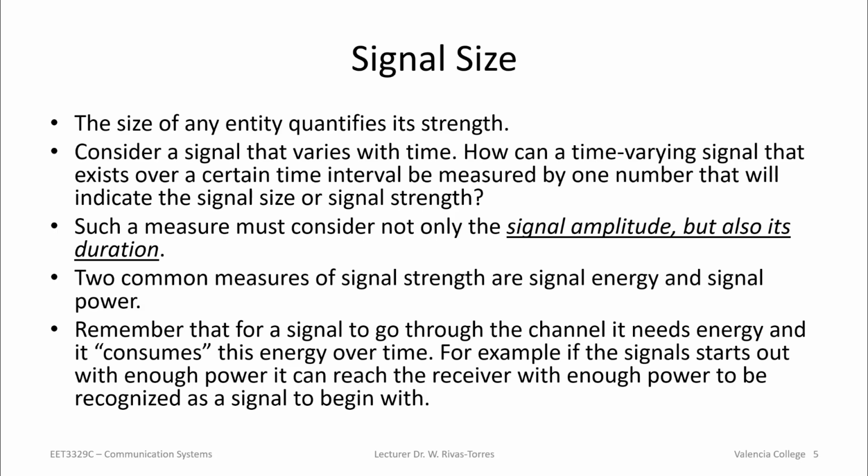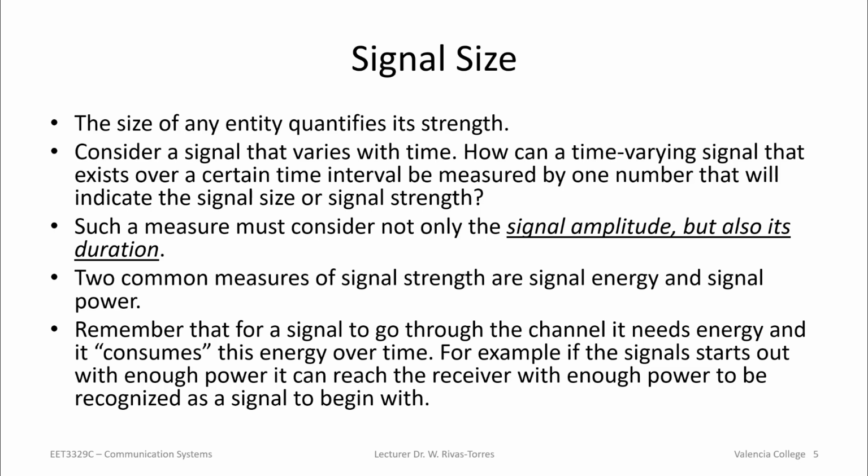Now, let's talk about signal size. When we talk about signal size, many people think, oh, it's the strength of the signal, right? So let's say that our signal changes or varies with time, right? How can a signal that varies with time be measured by a single number?